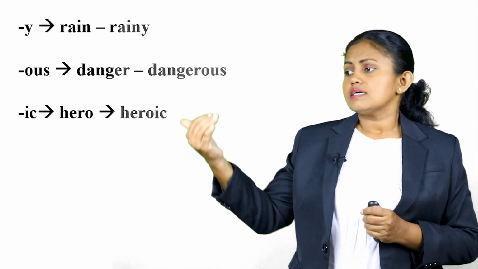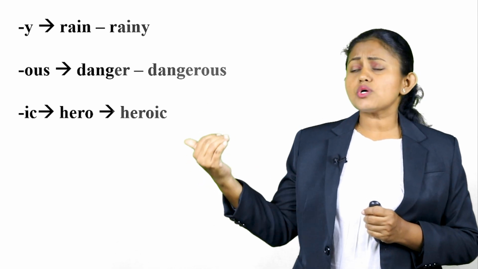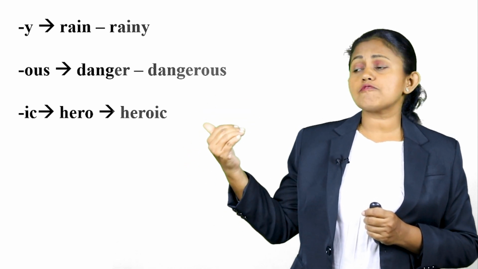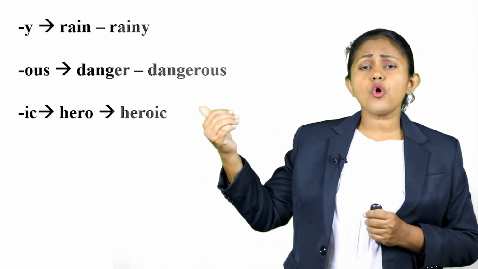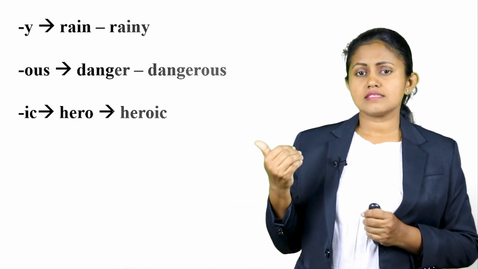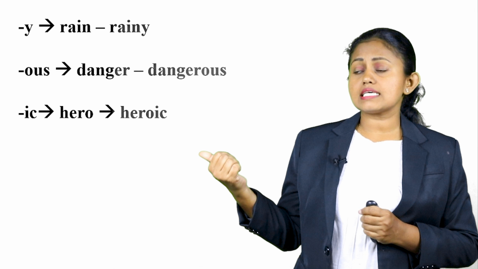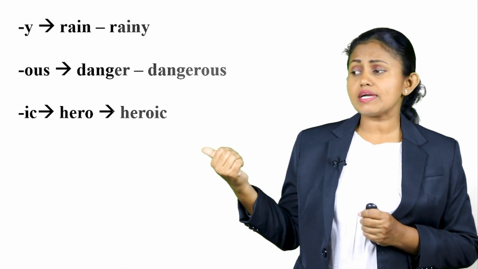Likewise. Next example is ous. You can add the suffix ous at the end of some nouns. For the noun danger, you can add ous and make the adjective dangerous. Next example is ic. If I say it another way, ick, right?